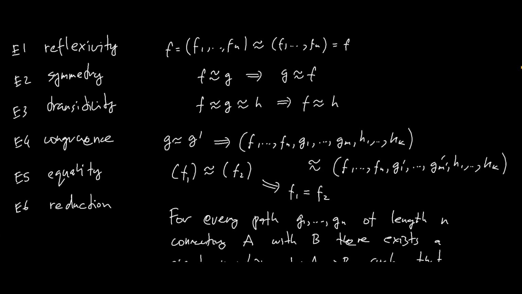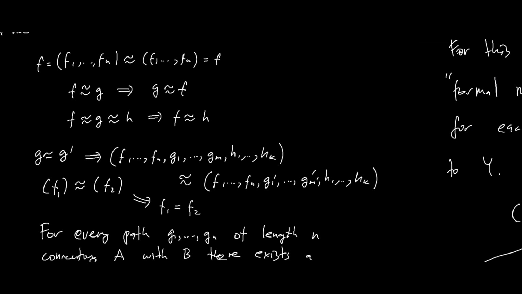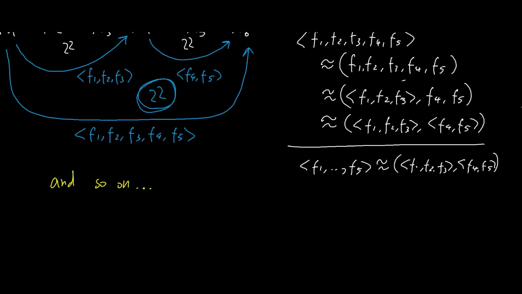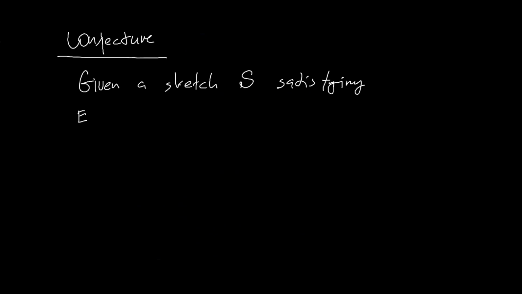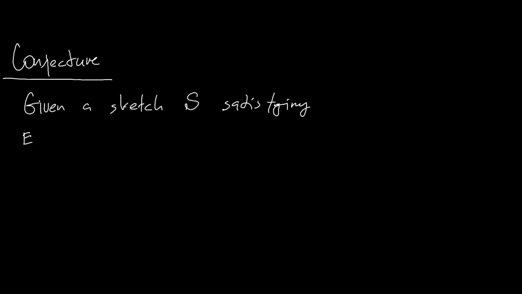Let me see here. So I want to keep E1, E2, and E3, and E5. And I want to slightly simplify the formulation of E4 and E6. Actually, I want to simplify, yeah.